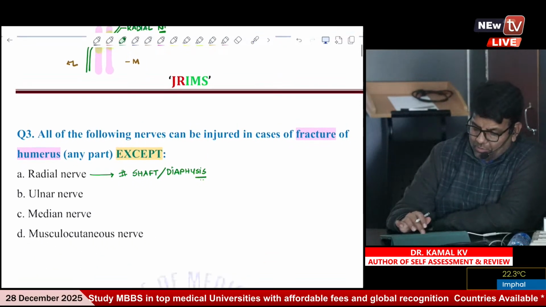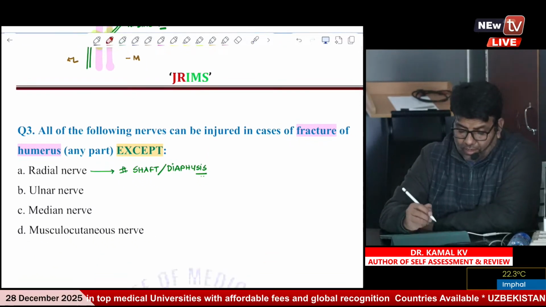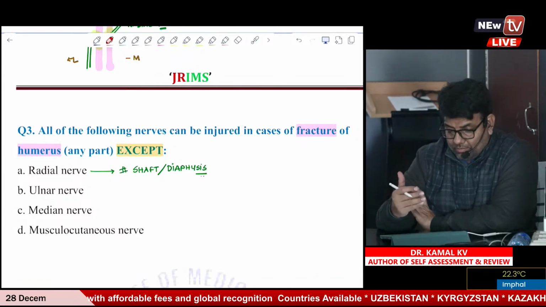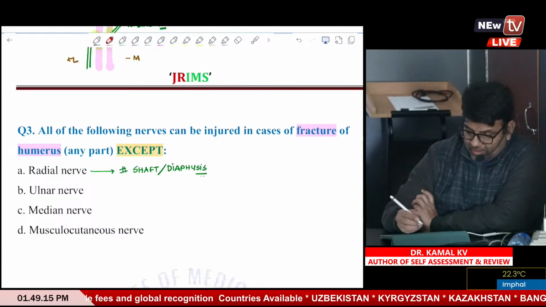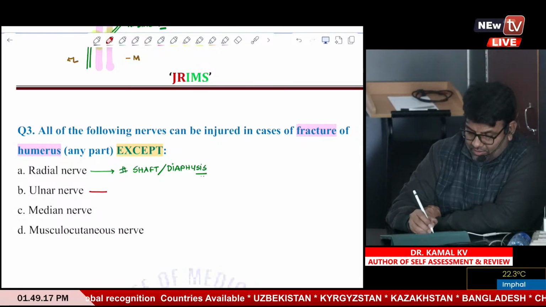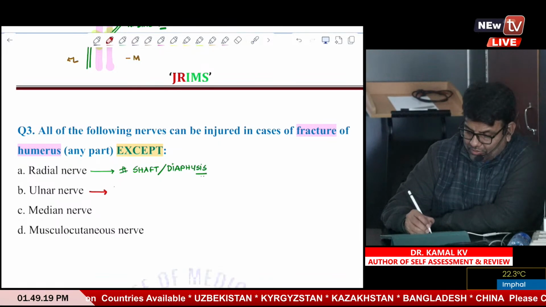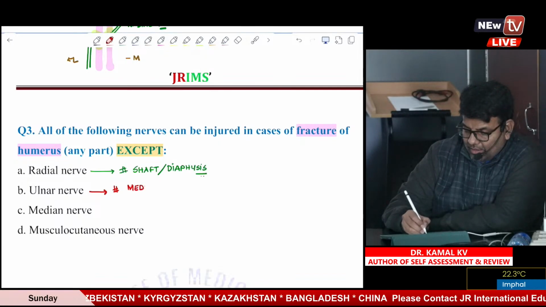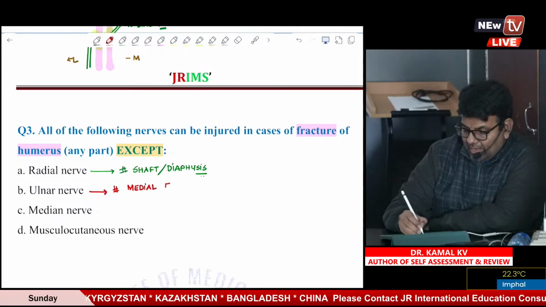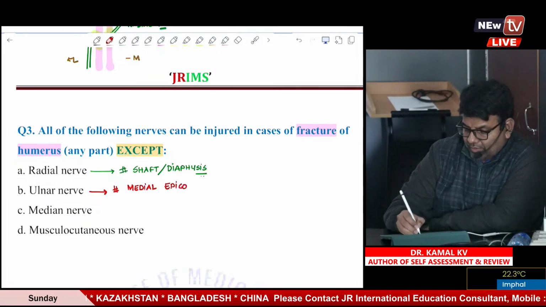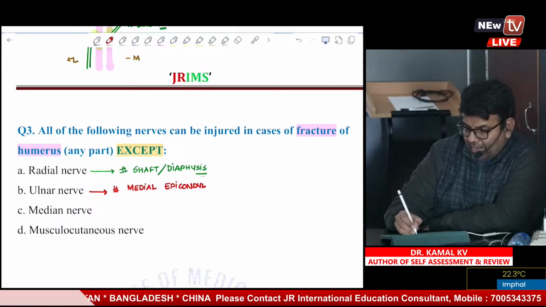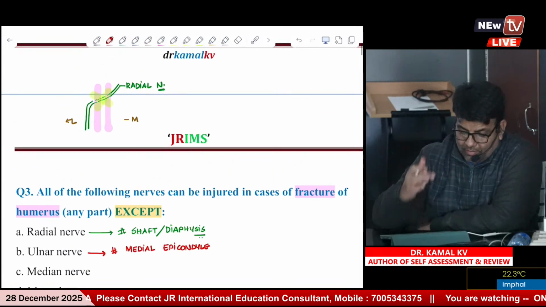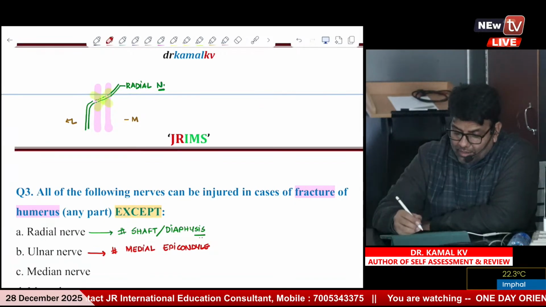Then is there any possibility of ulnar nerve injury in any fracture through any part of the humerus? Yes, and that landmark is actually the medial epicondyle, right? If there is a fracture through the medial epicondyle, it can injure the ulnar nerve. Clear?